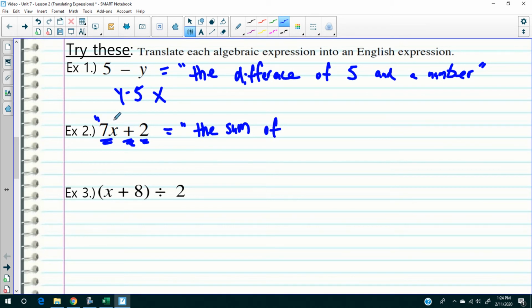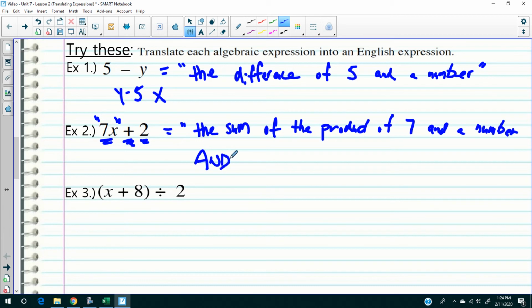How do you say this? Right, the product of 7 and a number. And so you see how I use the capital N. And 2. So this is how you should see it.